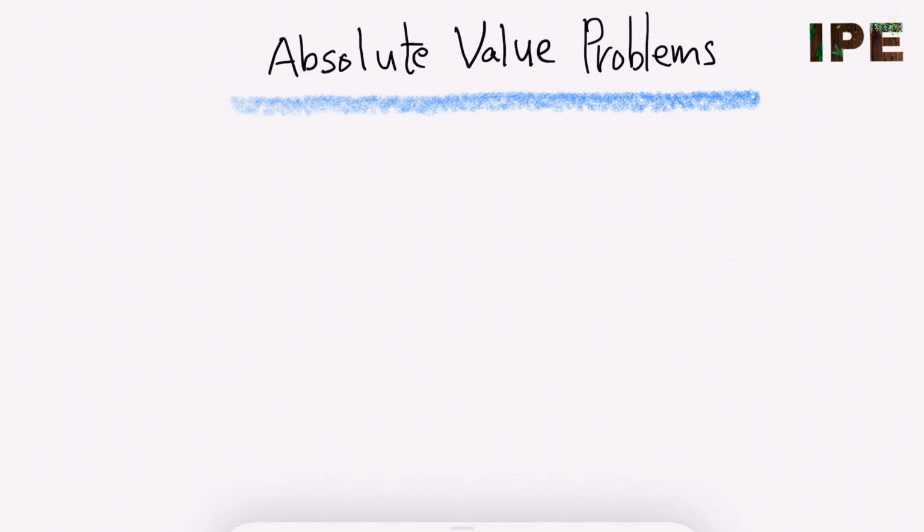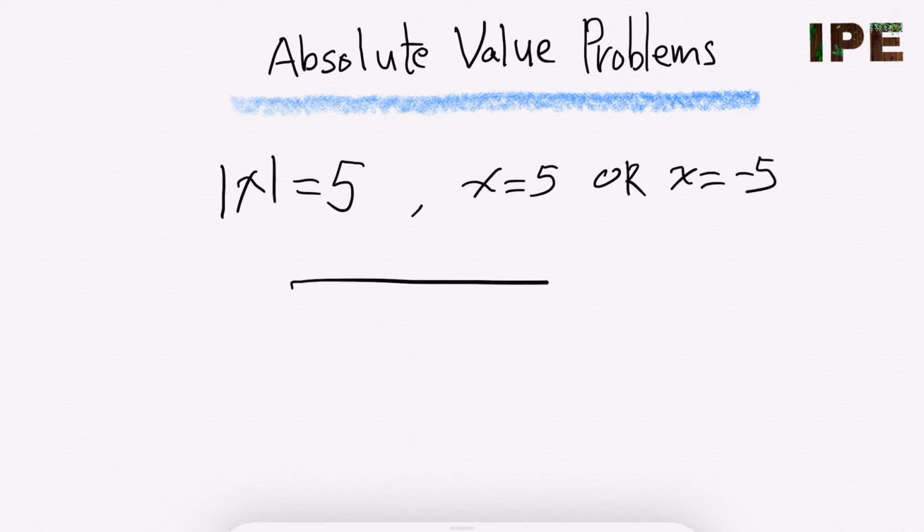What is the definition of the absolute value of x? Say the absolute value of x is 5. What does it mean? The absolute value of x means the distance from 0 to x. So x can be 5 or x can be negative 5. Because on the number line, 0 is here.